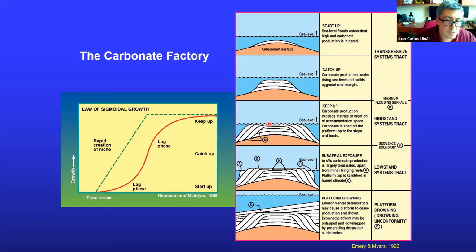And the excess of material is either eroded and shed on the flanks of the structure, or it just starts to grow in a progradational way outwards. Then with the following sea level fall, the carbonate factory eventually shuts down, and with the following transgression, it just gets.